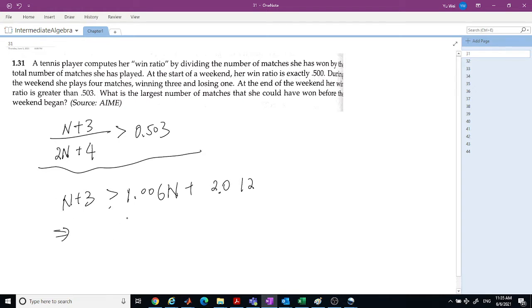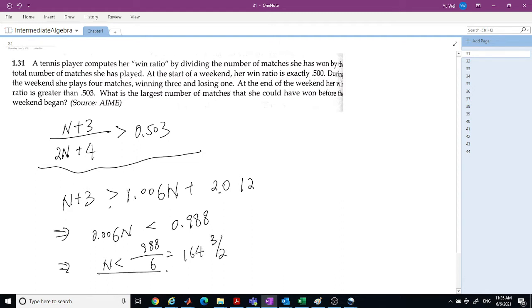Then this is equivalent to moving the terms, so 0.006n should be less than 0.988. Then this means n should be less than 988 over 6, which is 164 and 2/3, right? So the maximum she can win before the weekend is n equal to 164.